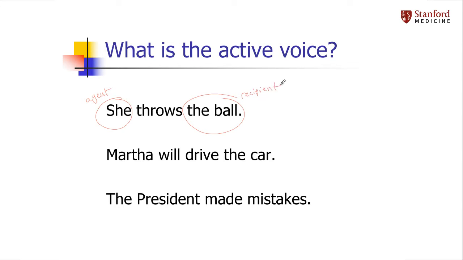So here, she is the person throwing the ball, so she is the agent, she's doing the throwing. The ball is the recipient of the action, it's the thing being thrown, so I'll call that the recipient. In Martha will drive the car, Martha is the agent, and the car is the recipient.